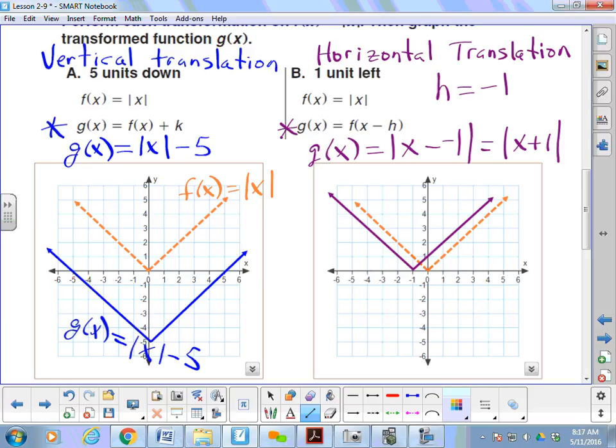So when I draw the transformed function from the original, when all we're doing was horizontal translations or vertical translations, they're going to be parallel.